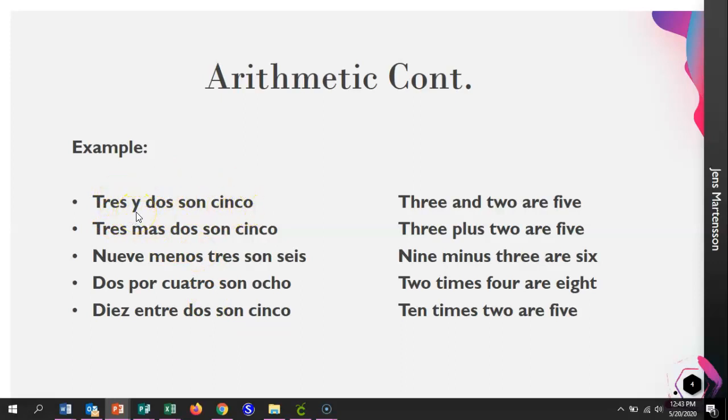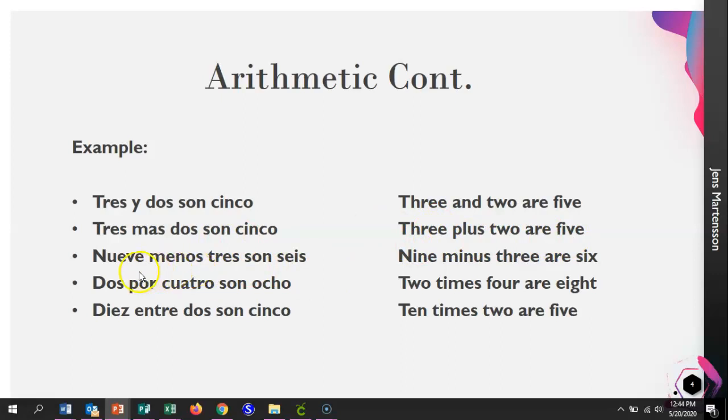Y means adding, so 3 plus 2, and son is equals. So 3 and 2 are 5. The next one says tres más dos. Let's identify our numbers first: tres is 3, dos is 2, and cinco is 5. Más is plus, son is are or equal. So it's 3 plus 2 are 5.